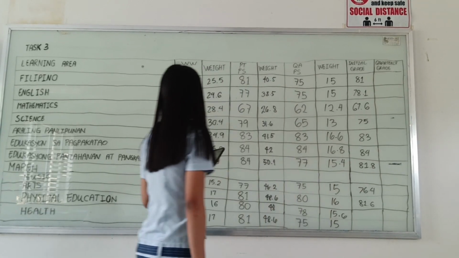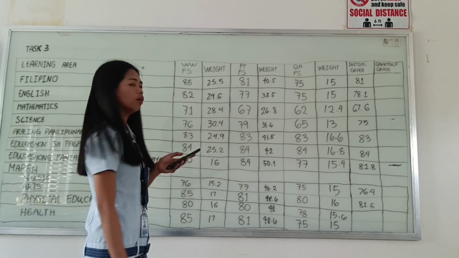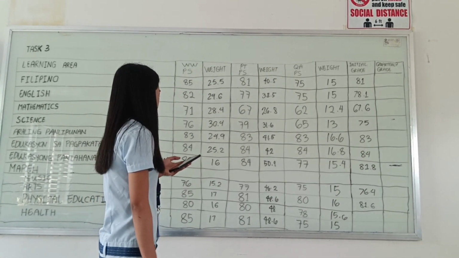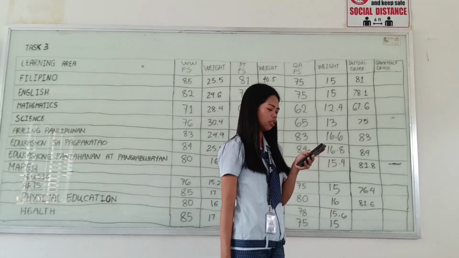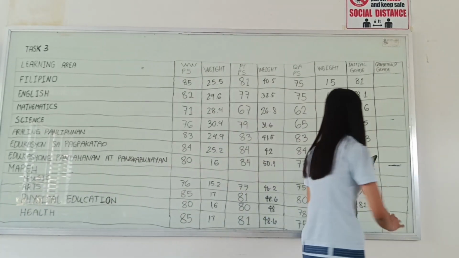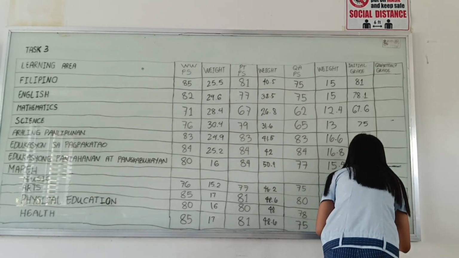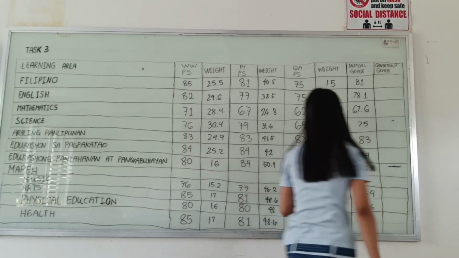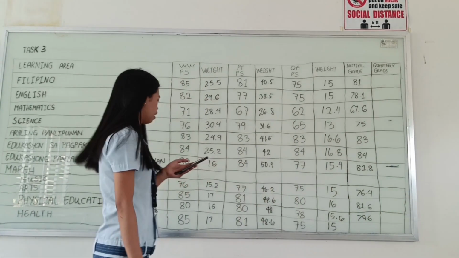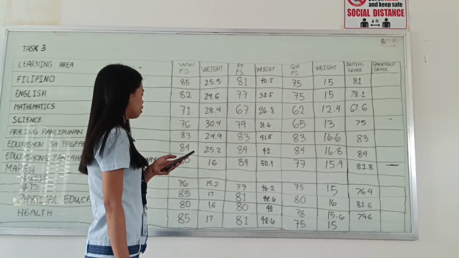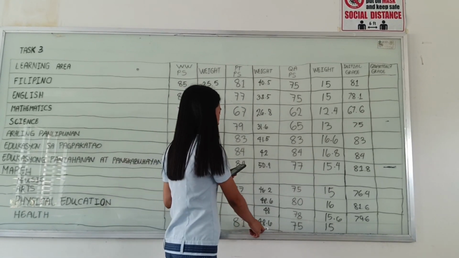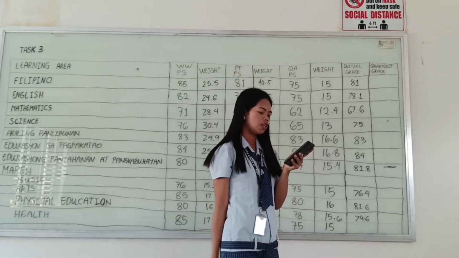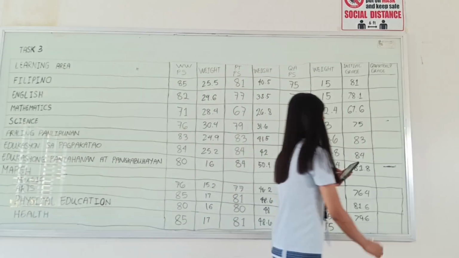And for the Physical Education, all the weighted scores will be added. 16 plus 48 plus 15.6, the initial grade is 79.6. And lastly, the Health. All the weighted scores will be added. So therefore, 17 plus 48.6 plus 15, the initial grade is 80.6.